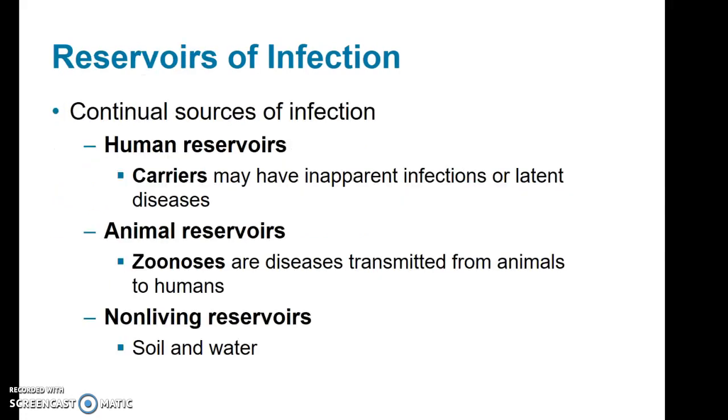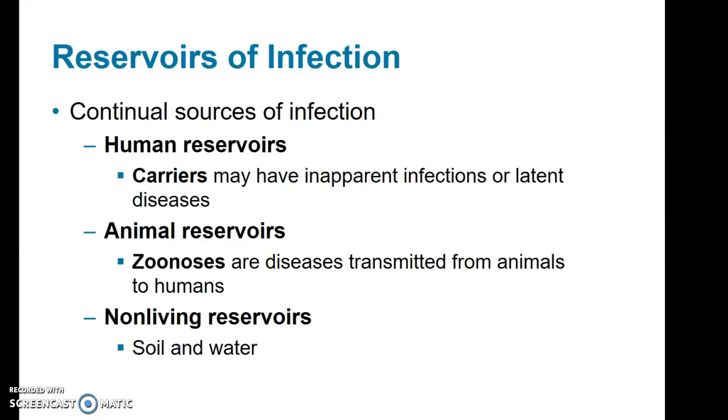So a reservoir of infection is somewhere where the microbes or microorganisms that cause disease are stored, or it's a source of those microbes. You have human reservoirs, where a lot of people are carriers for different microorganisms but don't have obvious infections, or the diseases may be latent.